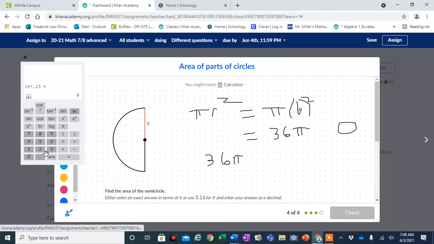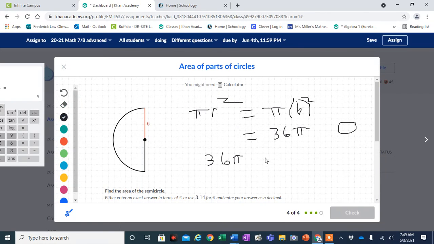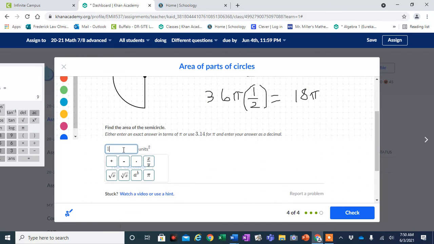If we do that, we get 18 pi. I just wanted to make sure you saw an example of a quarter circle. That's why I did it that way first. So for a half circle, it would be 18 pi. For a quarter circle, it would have been 9 pi.